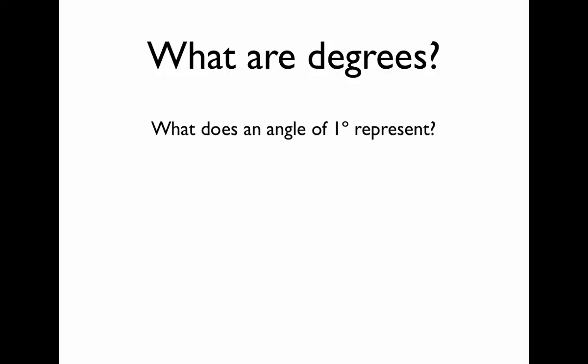This is not a well-stated sentence because the angle is the object and 1 degree is the measure of the quantity. So what does an angle with a measure of 1 degree represent?